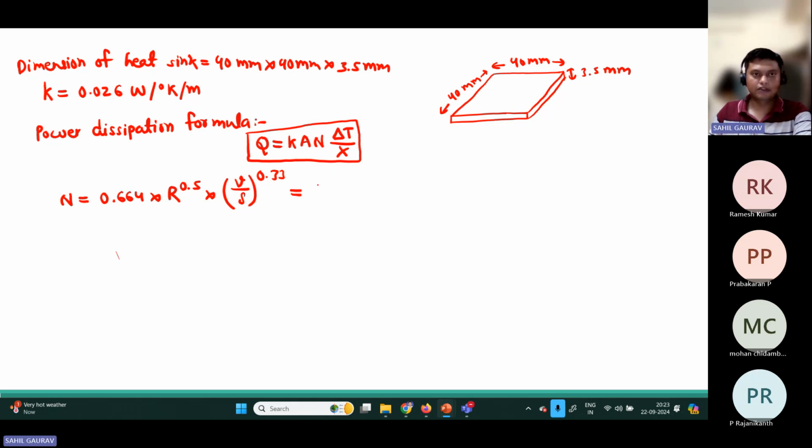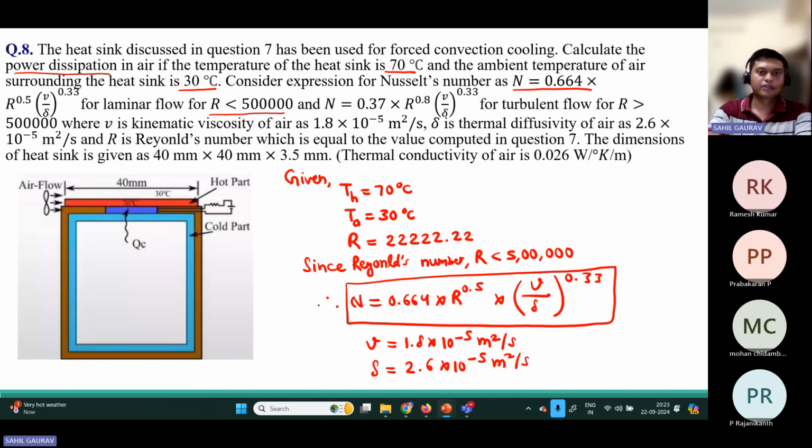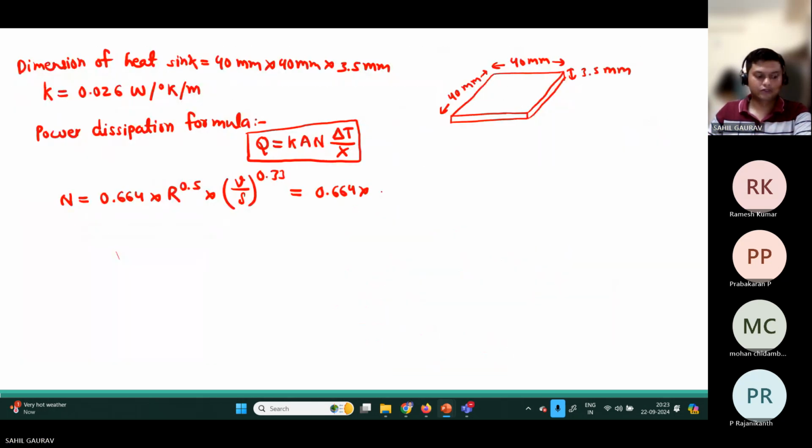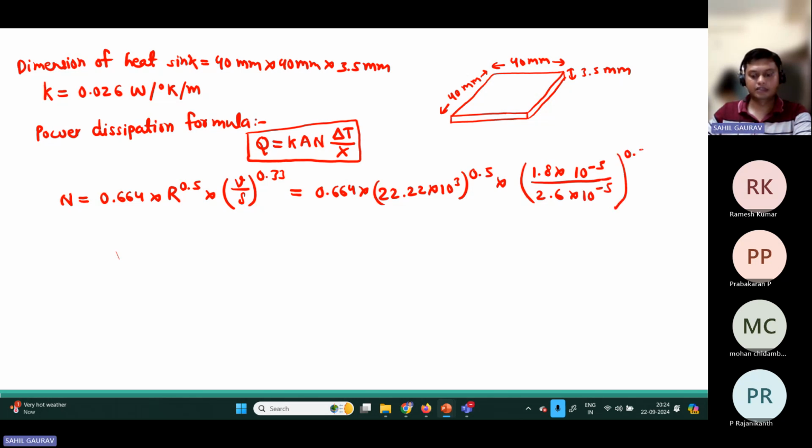If you put in all the values, 0.664, Reynolds number 22 into 10 to the power 3 to the power 0.5, mu is 1.8 into 10 to the power minus 5, and del is 2.6 into 10 to the power minus 5, to the power 0.33, we will get 87.67.